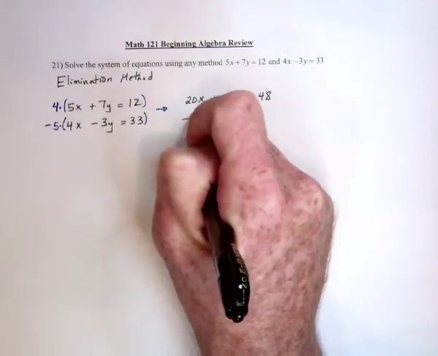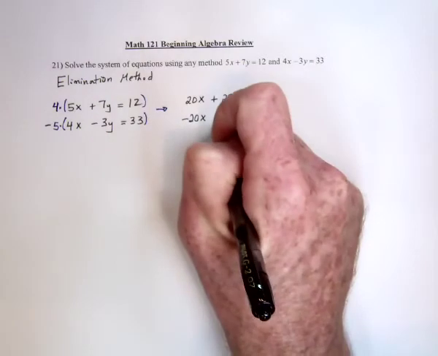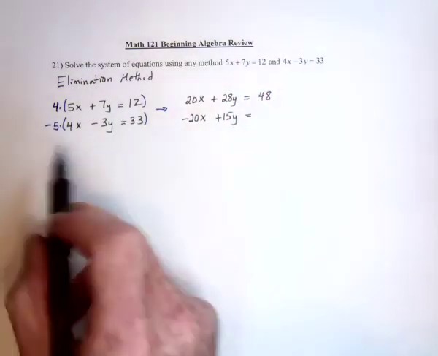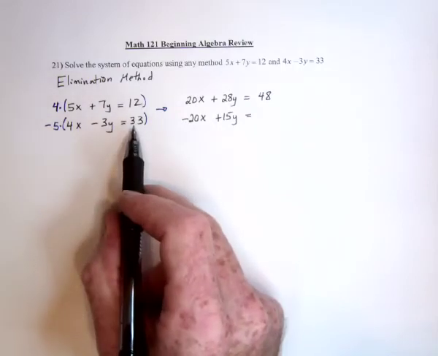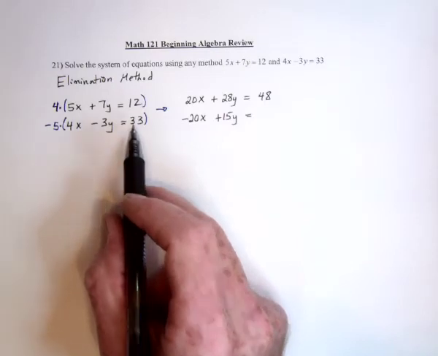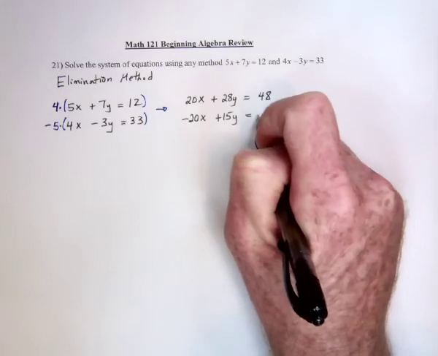So negative 20x. Negative times negative will be positive 15y. And then a negative 5 times 33. Well, if it was times 30, that would be 150. Times 3 is 15 more. That's negative 165.